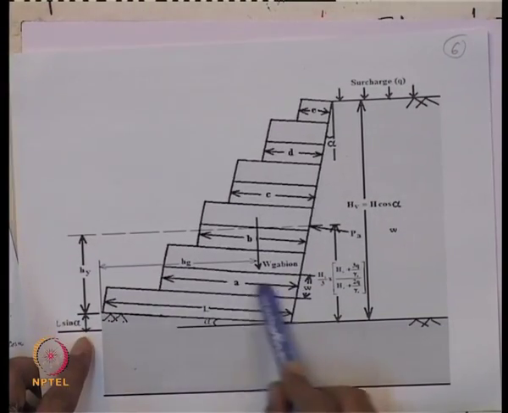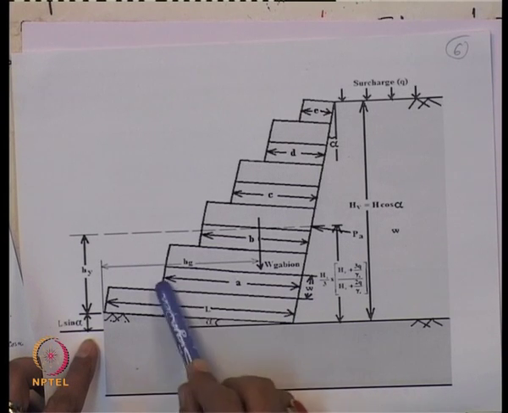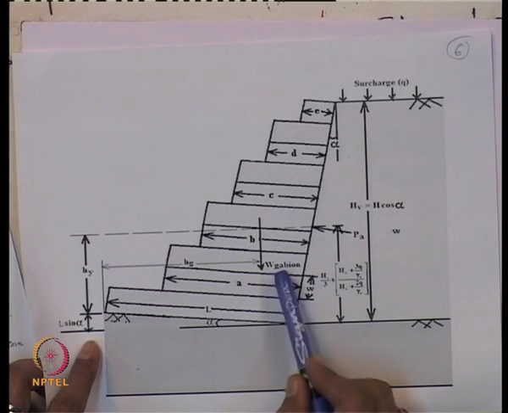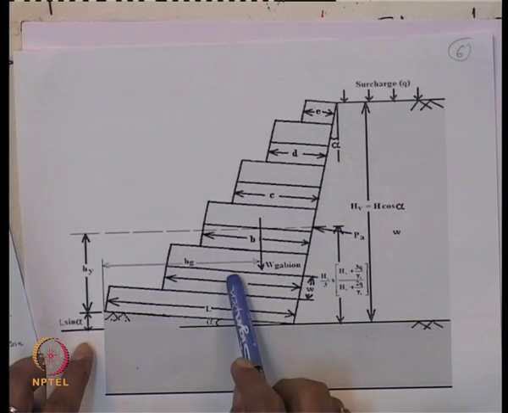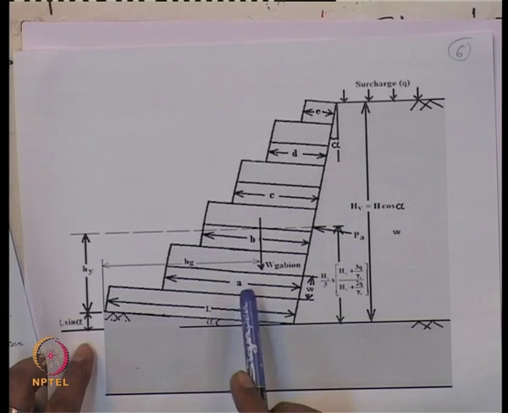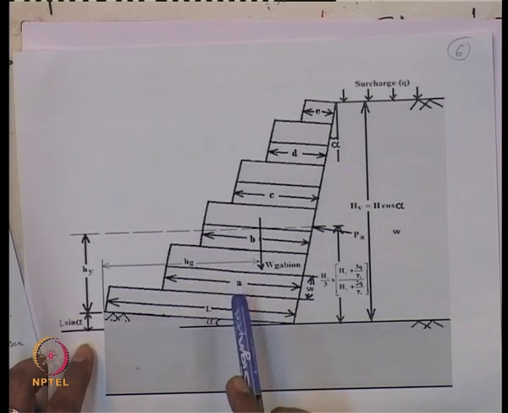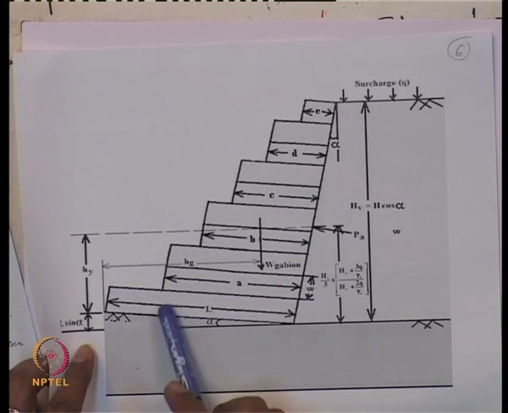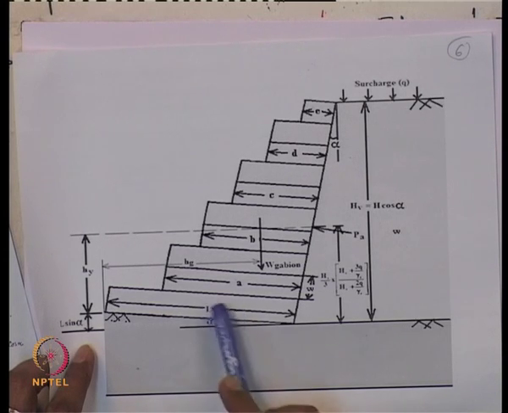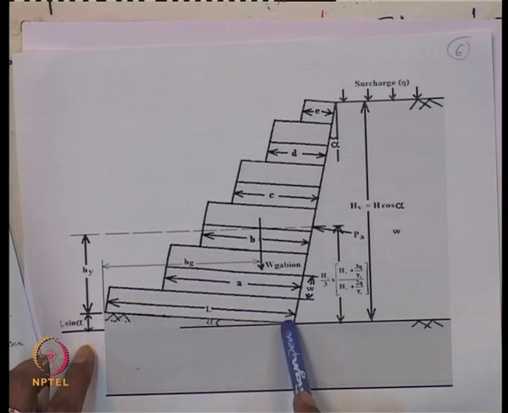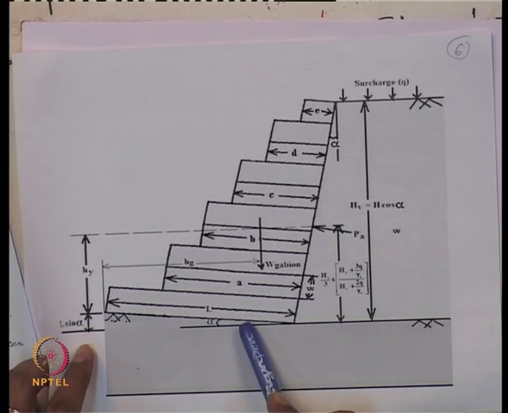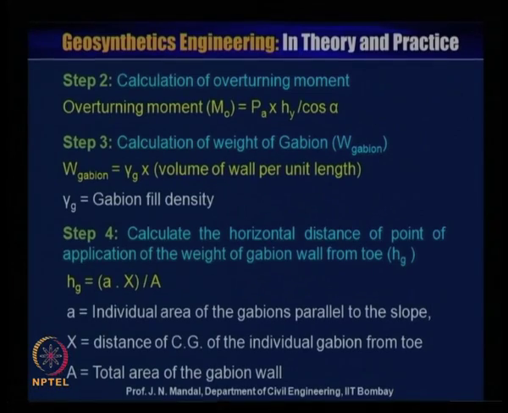Then you will know the x distance, that means the distance of the CG of the individual gabion from the toe, and A is the total area of the gabion wall. You know this length, you know this width, so you can calculate area. So you can calculate what is Hg, that means Hg is equal to summation of a into x divided by A.